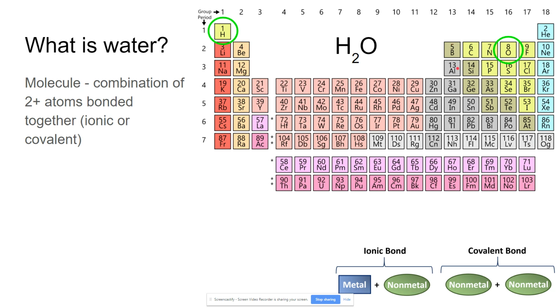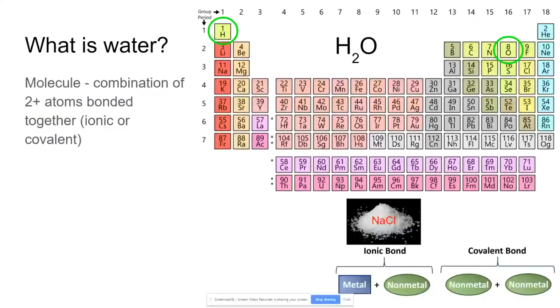You have your metalloids that are located along the stair step, and basically everything else over here are considered metals. And so if you take something like sodium chloride, for instance, which is just regular old table salt, that consists of sodium, a metal, and chlorine, a nonmetal. And so sodium and chlorine form an ionic bond when they come together to form the molecule sodium chloride.